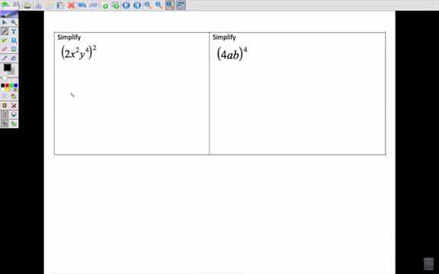We got 2 more. I take this stuff that's in the parentheses and write it twice. And then I expand each one.